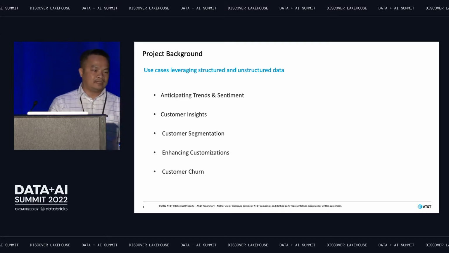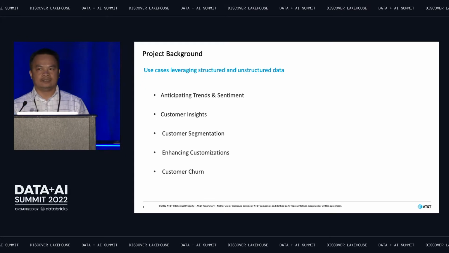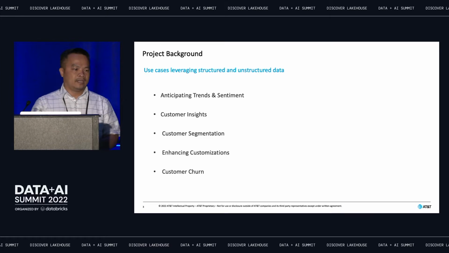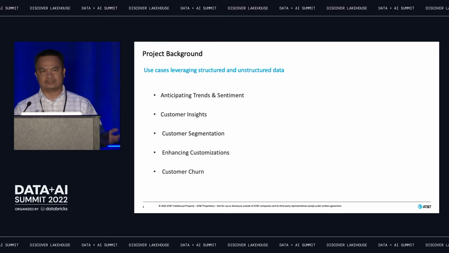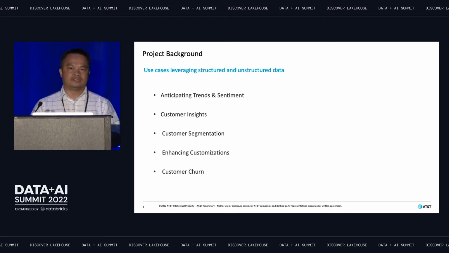We have customer insight, where we determine age, gender, and customer profiling and segmentation, enhancing customer customization. And the last one, which is very important, is customer churn. We look at various attributes, for example why customers churn, what the churn rate is, and so forth. So that's very important.